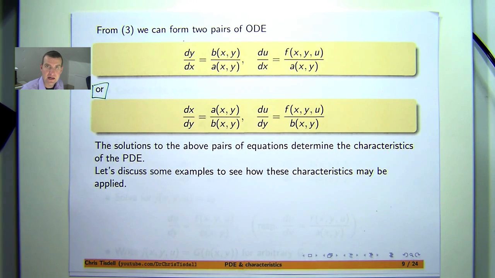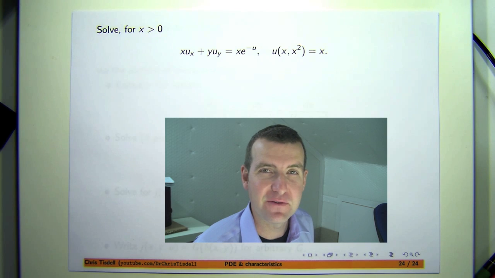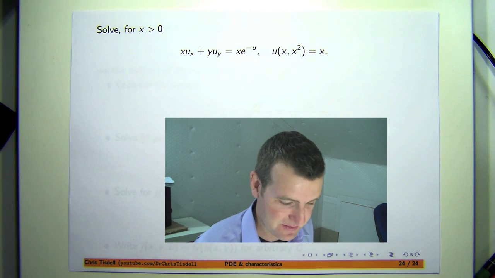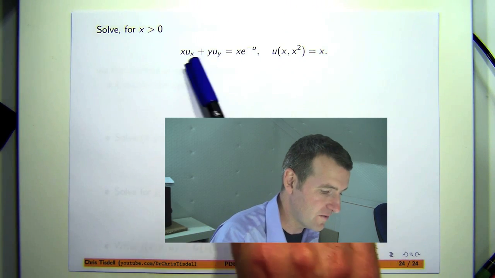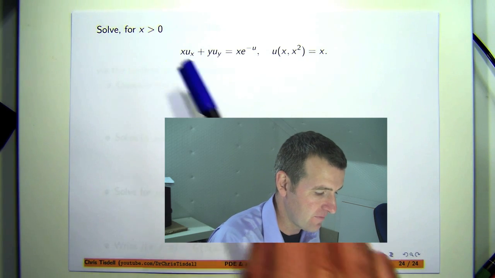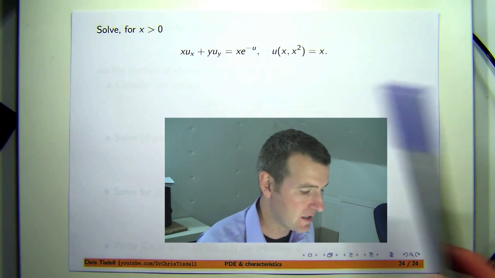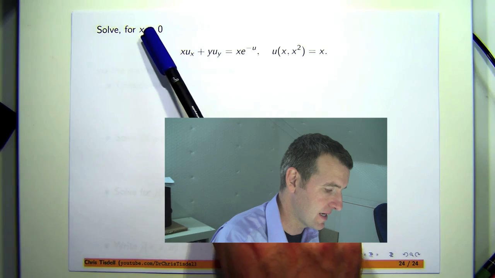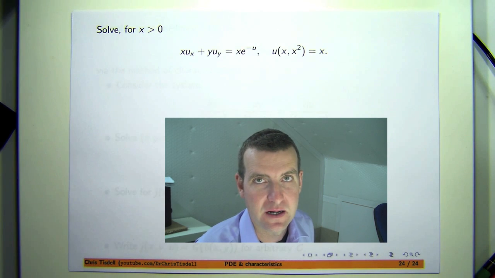Let's actually have a look at an example and see how it all works in practice. Here we're asked to solve the following Cauchy problem for u as a function of x and y, where x is positive.